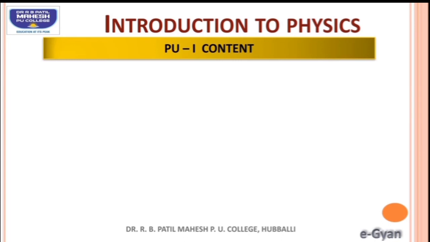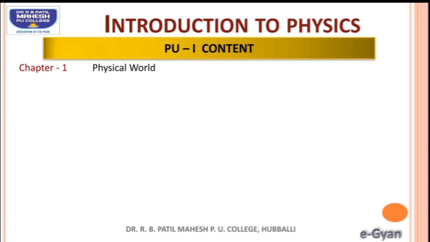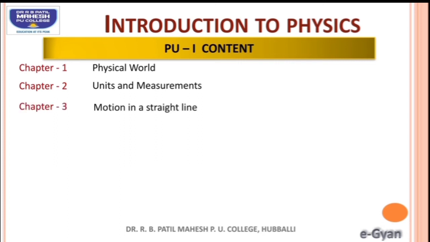PU1 content. Chapter 1, Physical World. It's an introductory chapter, and in this chapter we'll be studying about unification and fundamental forces in nature. Chapter 2, Units and Measurements. In this chapter we'll be studying how to write units for physical quantities, and we study how to calculate the errors in measurements. Chapter 3, Motion in a Straight Line.